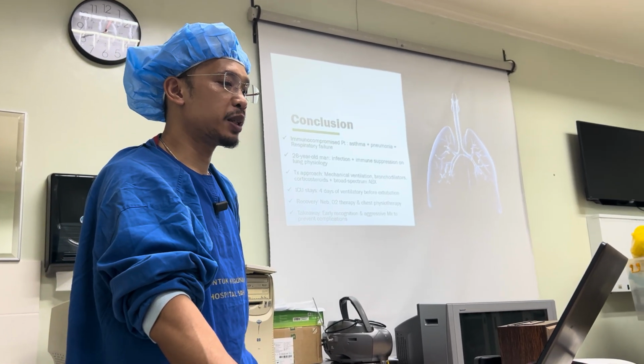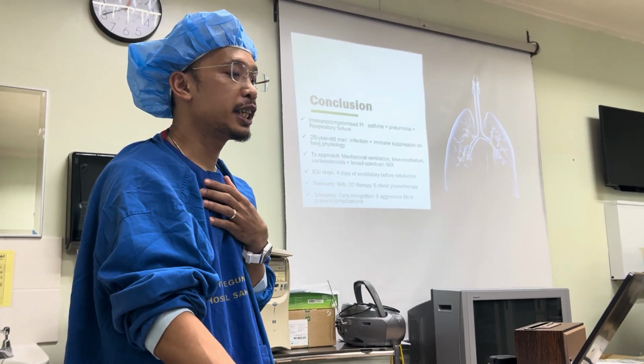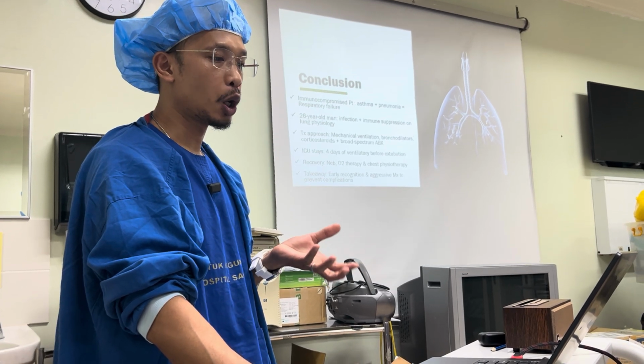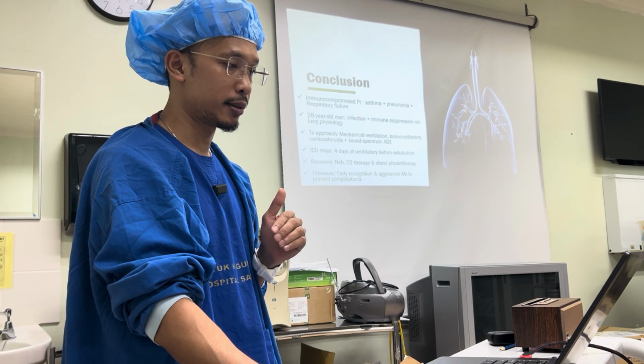So a takeaway from this case is that it really shows how tricky things can get when someone with asthma pneumonia also has a weakened immune system due to retroviral disease.